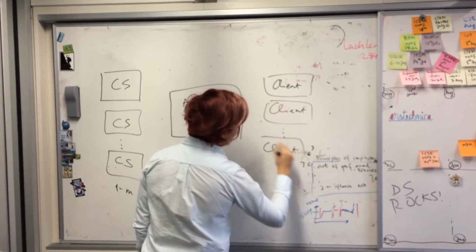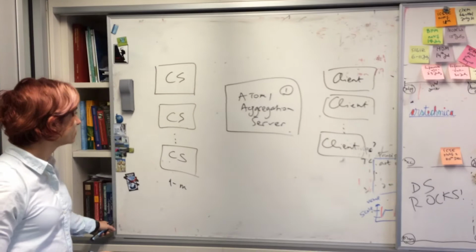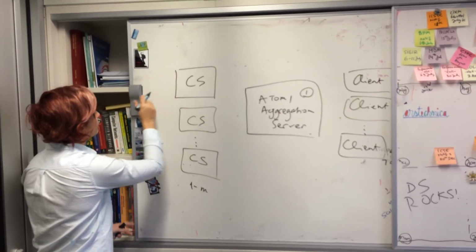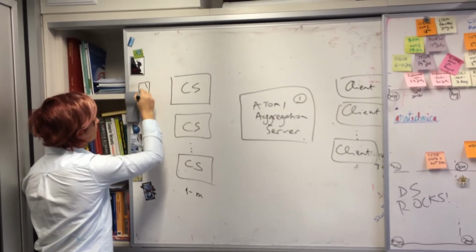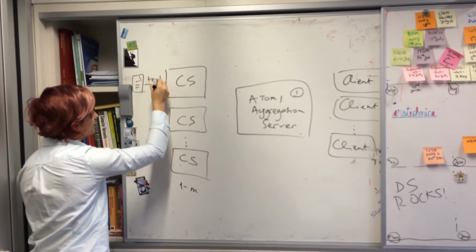What the content servers do is they take input from a file here, and this is basically text.